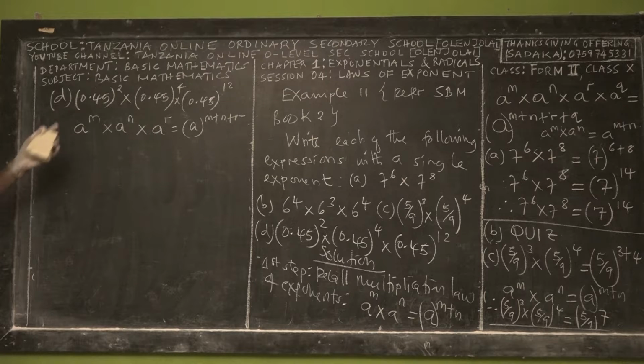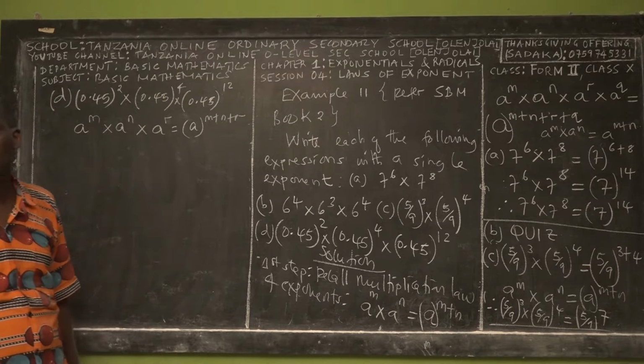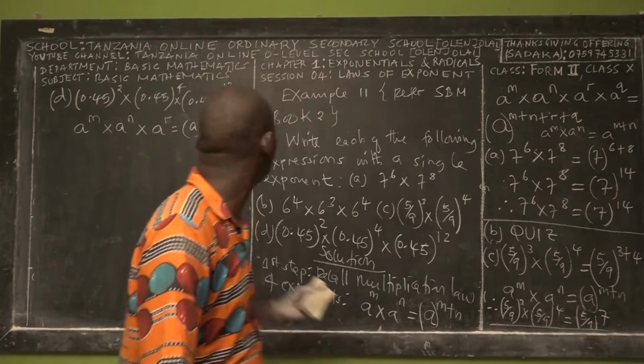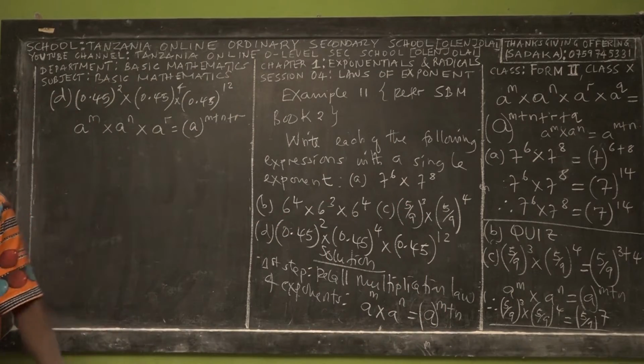What is the base of these 3 exponents? It is 0.45, right? What are the exponents? 2, 4, and 12. So do they have the same base? Yes.